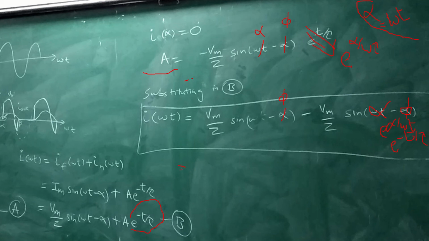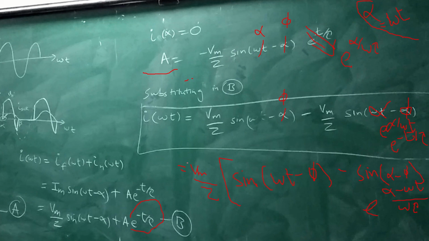So we further simplify this. We take Vm by Z as common, and this can be written as sine omega t minus phi, minus sine alpha minus phi, into e raised to the power alpha minus omega t divided by omega tau.